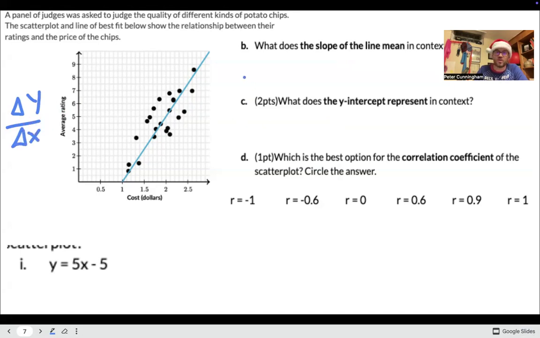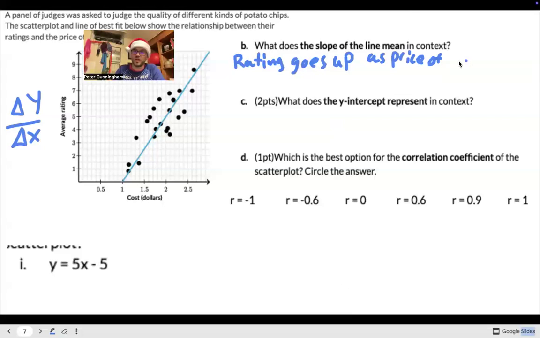It means that your rating, it says rating on the y-axis, goes up as price of chips, that's what's on the x-axis, goes up. Now, that would be an okay answer.